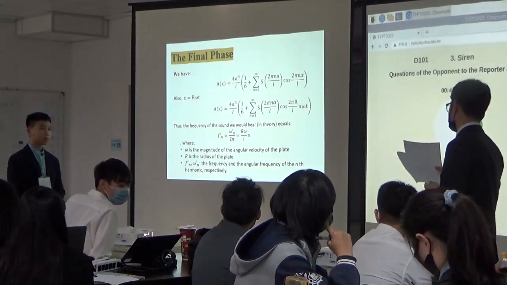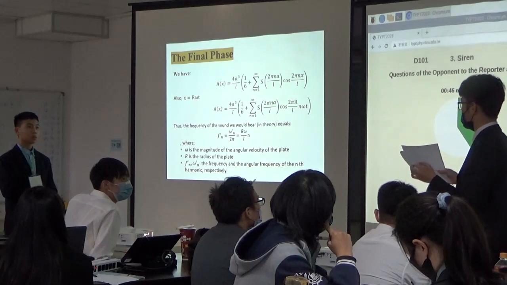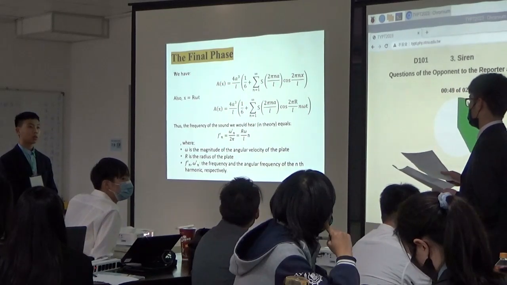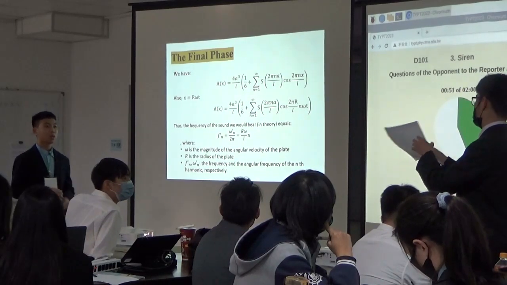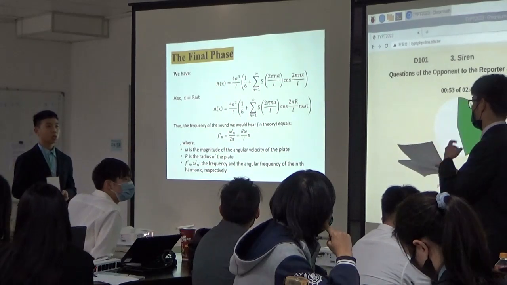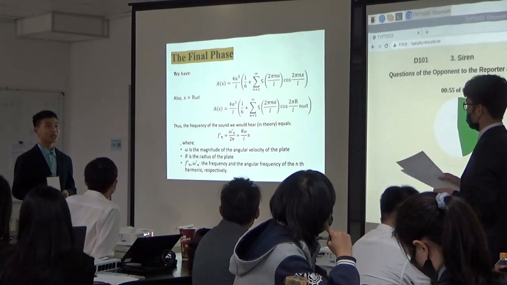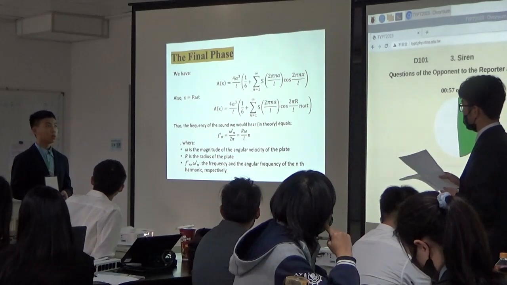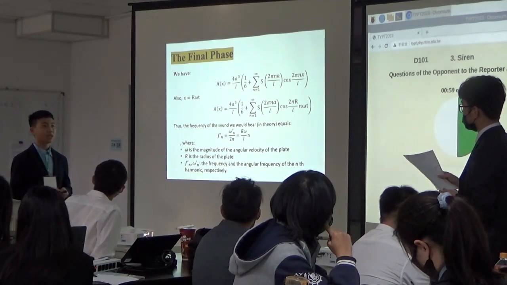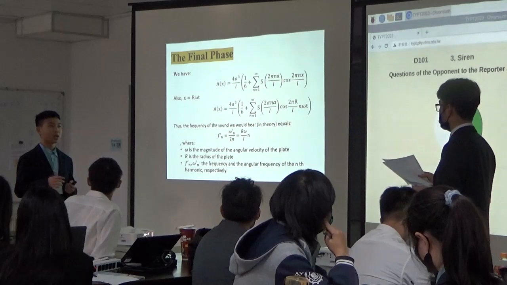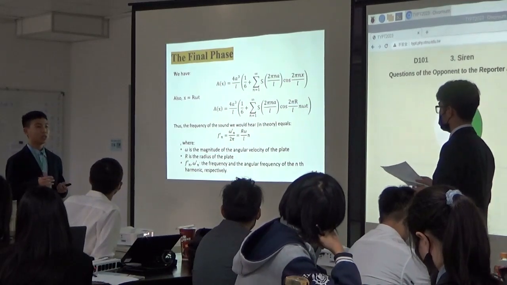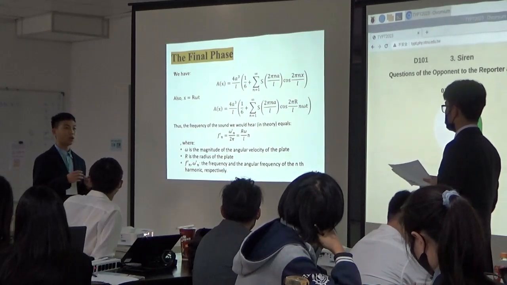Do you think there is a maximum and a minimum size of the hole that will create a sound? So we assume that the radius of the disk is constant and just change the radius of the hole, right?